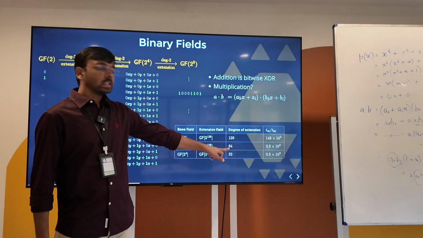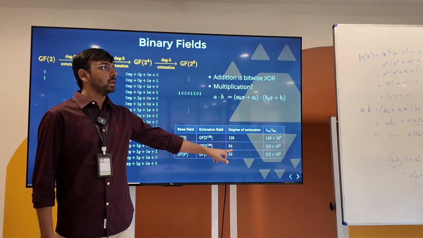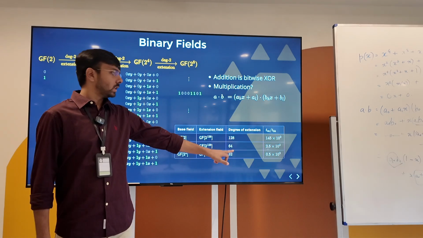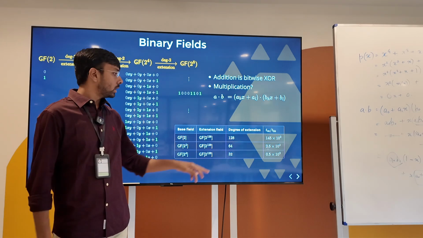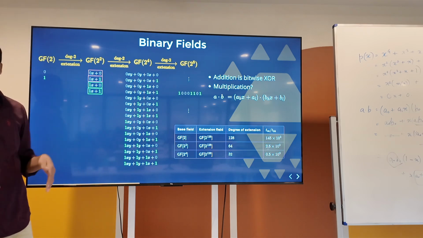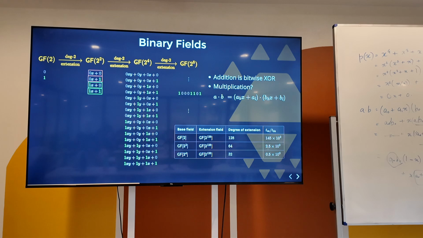For this degree of extension, I think you need to do the recursion 7 times. 2 to the power 7 is 128. Sorry, for the other one, 6 times, since 2 to the power 6 is 64. In this one you need to do 7 levels of the Karatsuba recursion, and that's the reason you see the decreasing trend in the factor of multiplication.